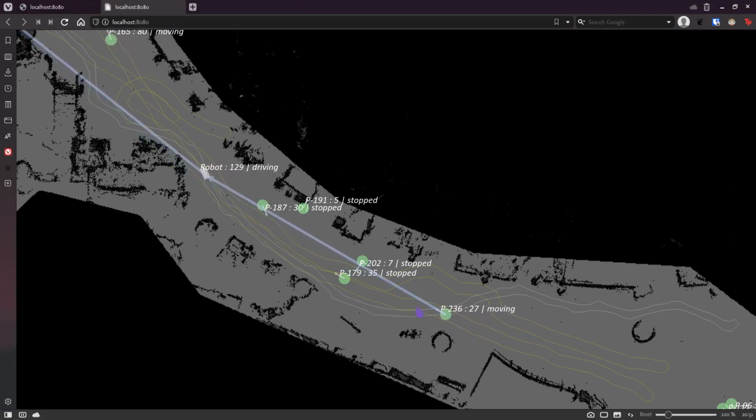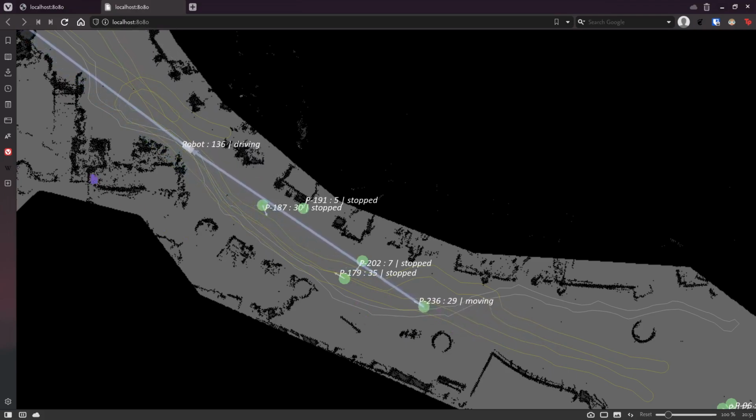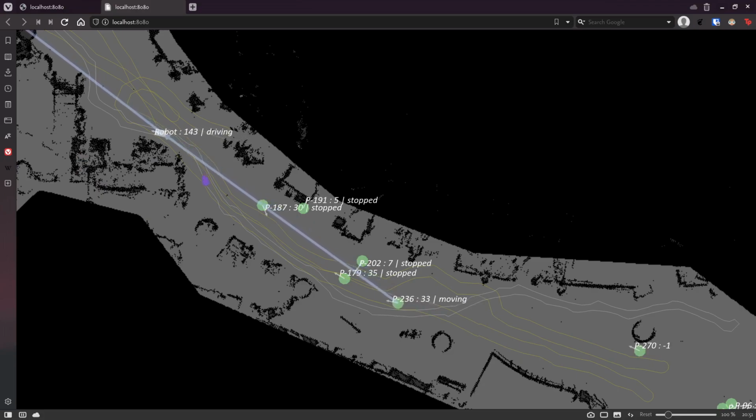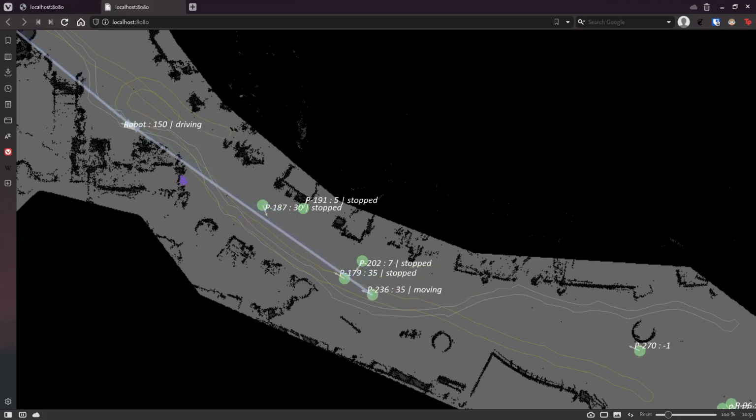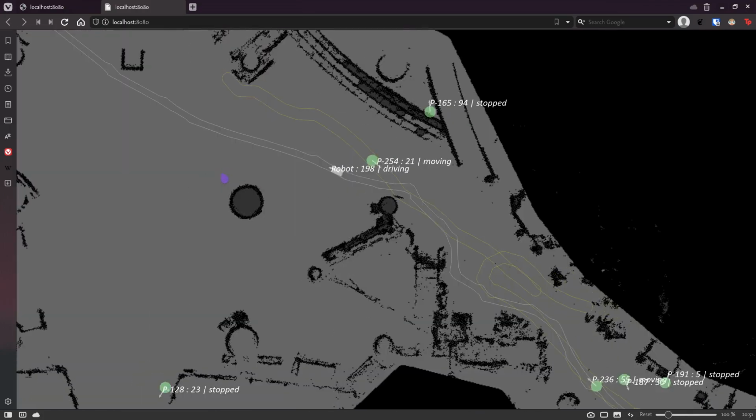This means that the path of pedestrian 236 and the robot intersects, and they might have to make way for one another at some point. In this specific case, the robot had greater precedence, so the pedestrian might have to wait. But then it disappears since the area that is contested has already been passed by one of these agents. So the precedence constraint becomes obsolete.